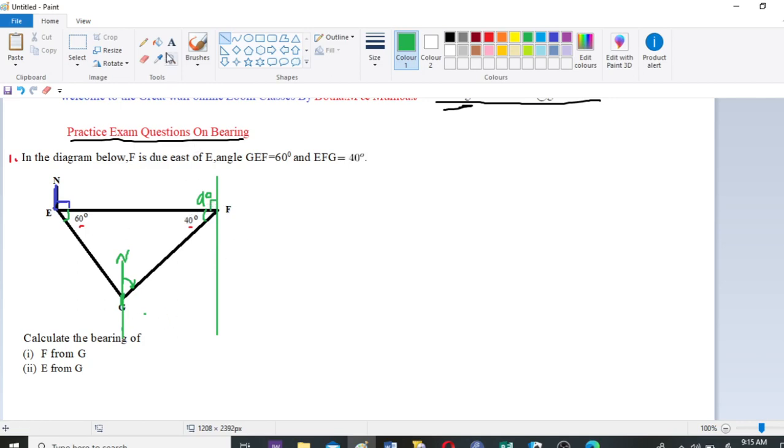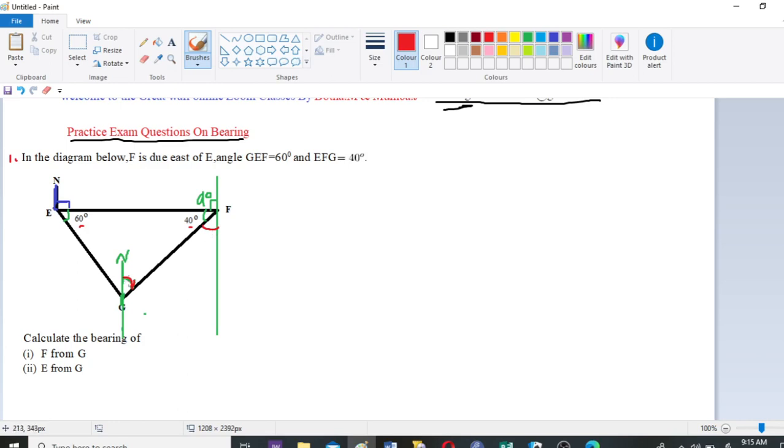Before we solve for that one, apply the properties of the angles formed when a transversal line cuts 2 parallel lines. How do you look at this angle here and the bearing we are looking for? These are alternate interior angles, and they are equal. So if we solve for this one, we've also solved for the other angle.